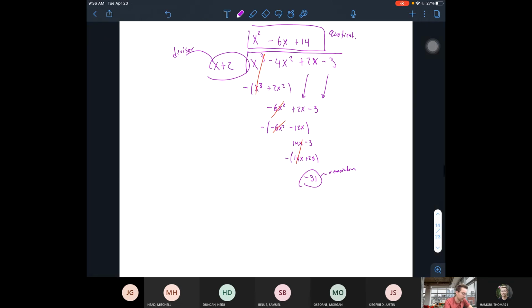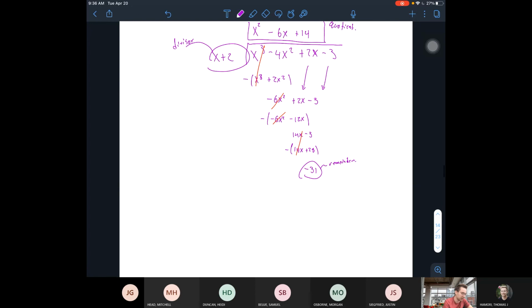So the end result of dividing out this expression is as follows. x squared minus 6x plus 14 pops out. And then we have this remainder of negative 31. Okay, so negative 31 still didn't get taken care of.